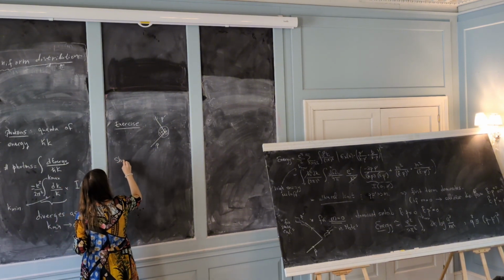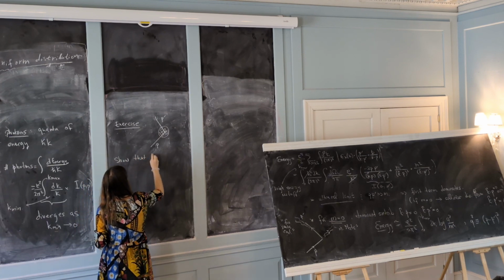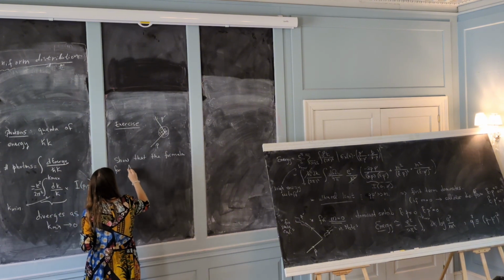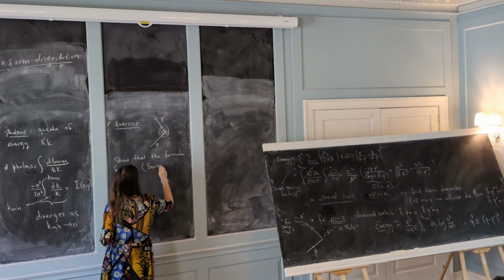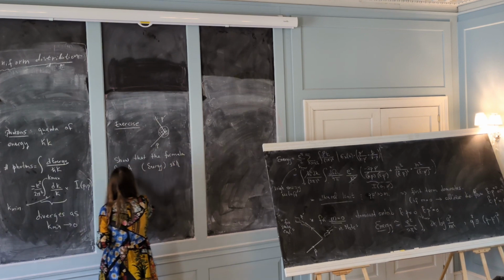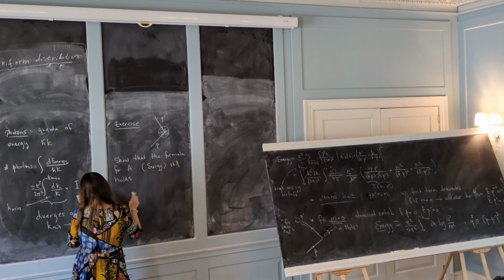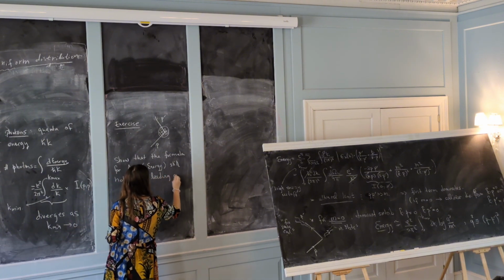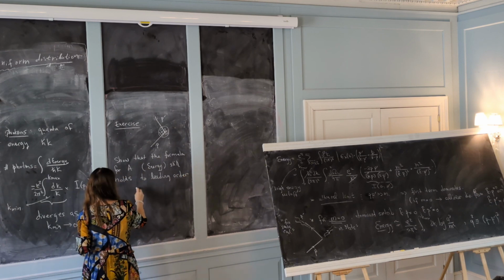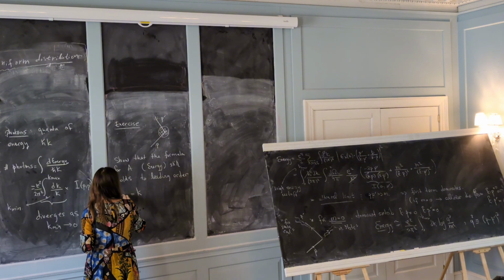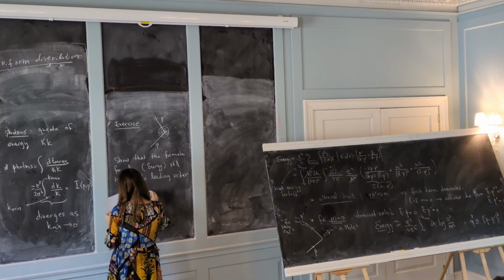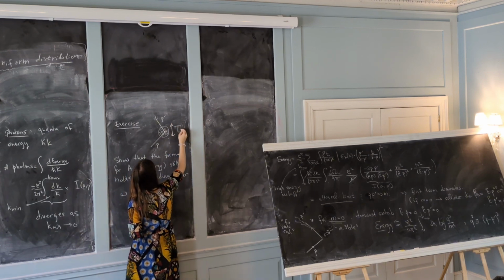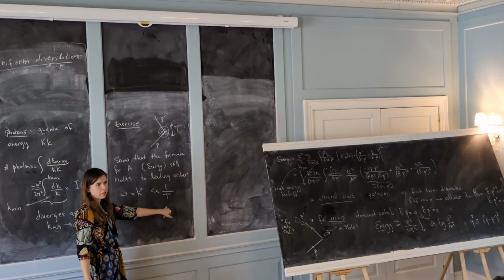So I want you to show that the formula for A and the energy and so on still holds, to leading order in an expansion where k, the energy of this photon, is much smaller than the inverse of the scattering time.